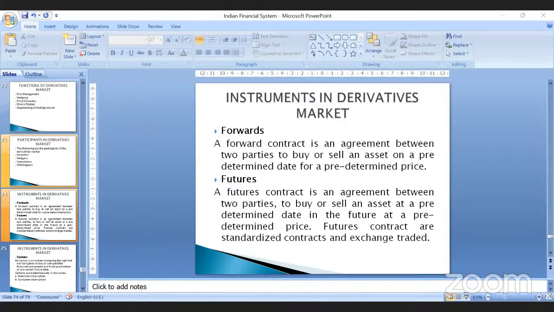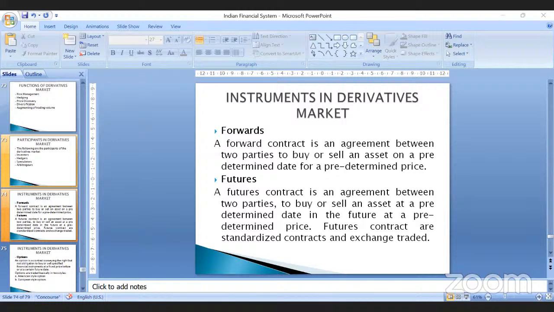Next come futures. Whenever we are talking about futures, this is an agreement between two parties. Here also, one party is willing to buy the product and the other party is willing to sell the asset at a predetermined date in the future at a predetermined price. See, whenever we are talking about forwards, it is a tailored contract, whereas in futures, it is a standardized contract. They are traded on stock exchanges.